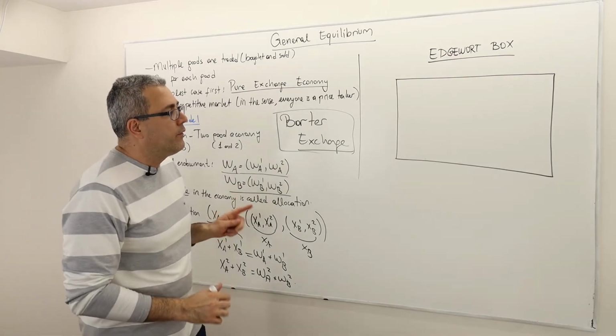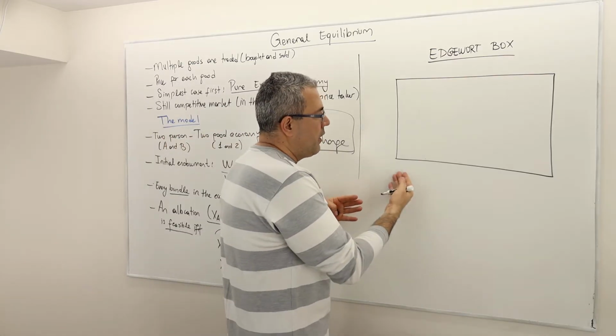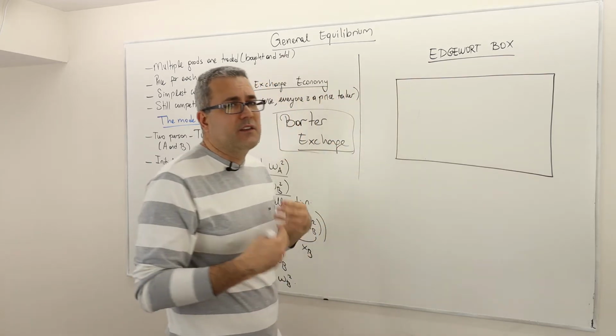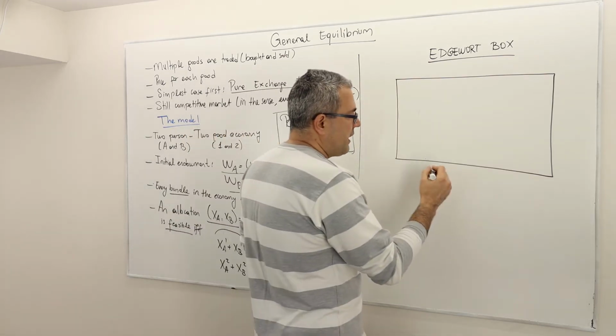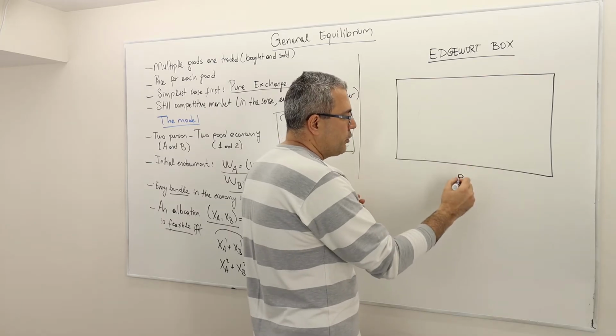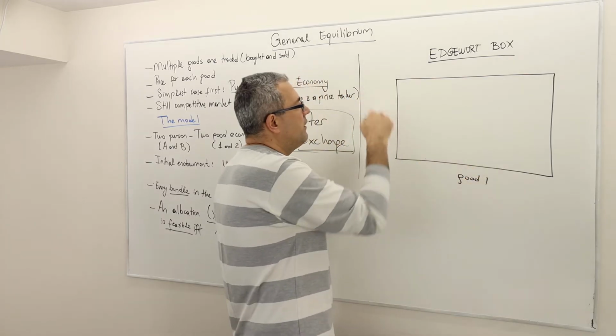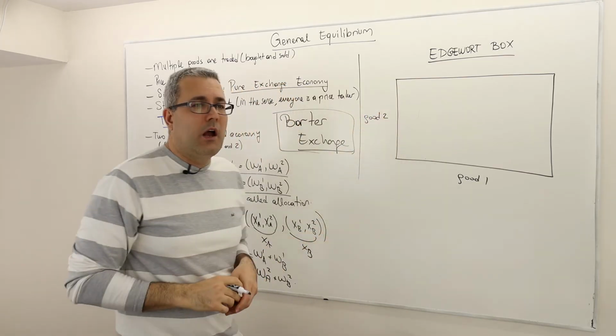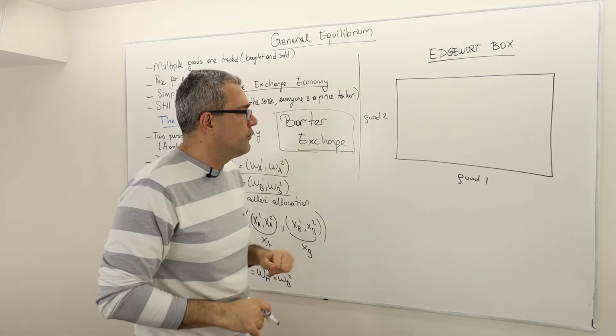First off, I will put on the horizontal axis one good and on the vertical axis the other good. So let's say the horizontal axis refers to good 1 and the vertical axis refers to good 2, the number of good 1 and the number of good 2.